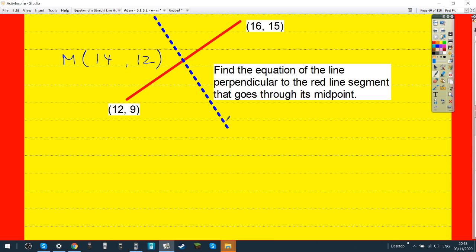What form are we aiming towards? What form will the answer take? In general, y equals mx plus c. Yep. Find m, find c. That's all you need.